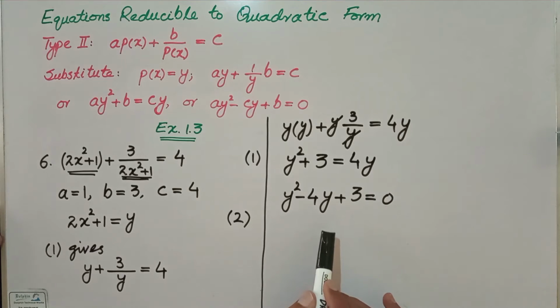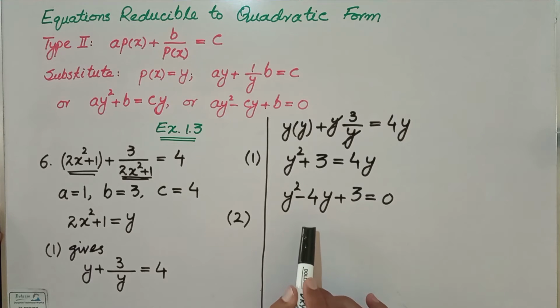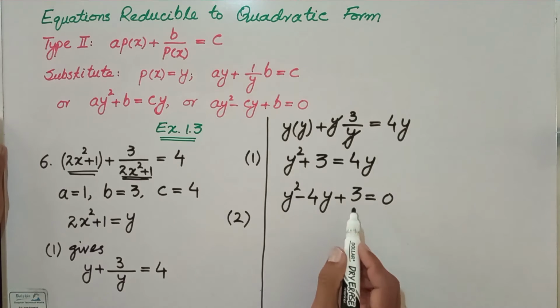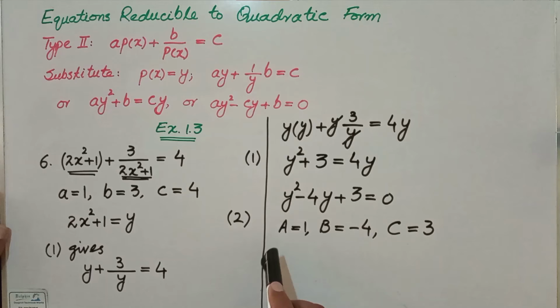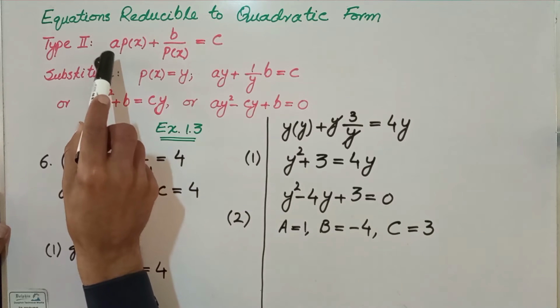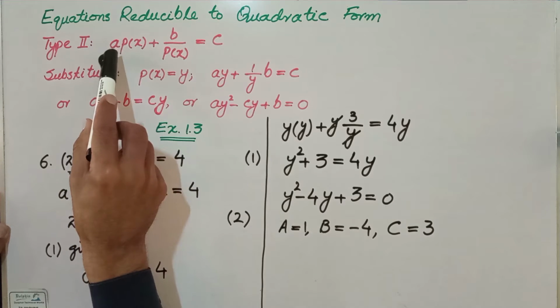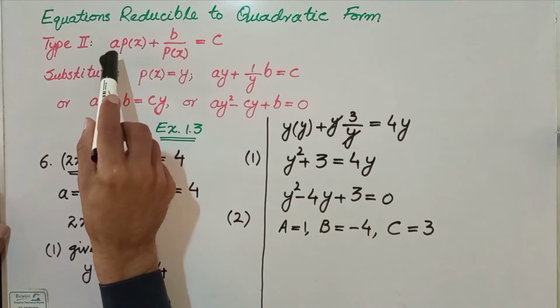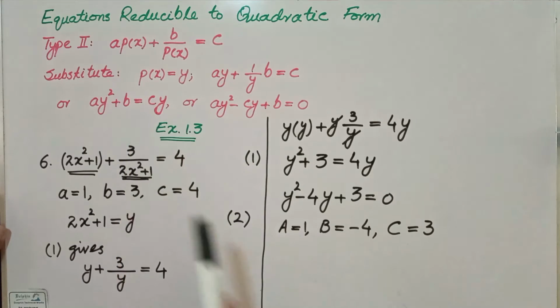We can easily solve this equation by any method that we have already discussed, that is the quadratic formula, or the completing square method, or the factorization method. In this case, we solve this by factorization method. Here I'm using capital A, B and C so that there is no confusion between these coefficients and the small letters a, b and c.